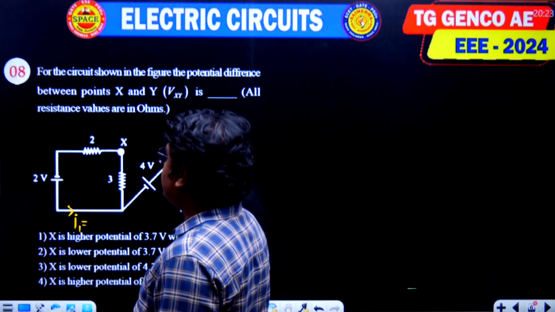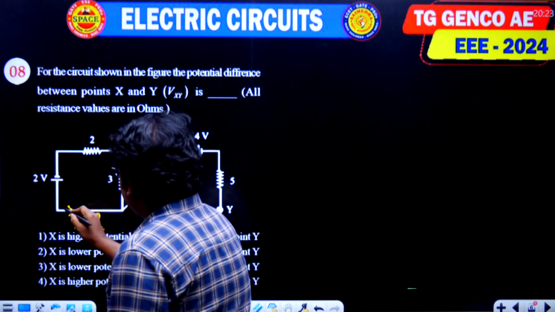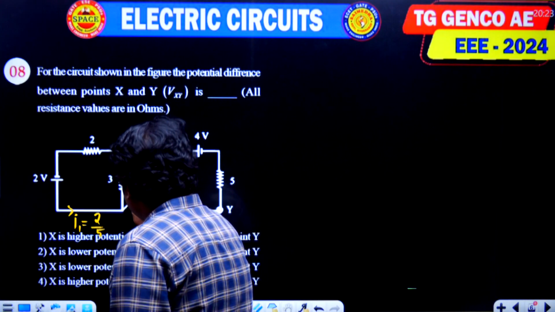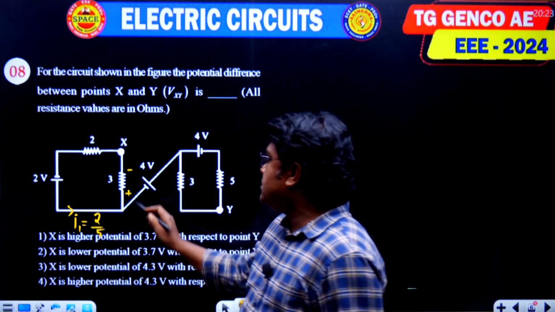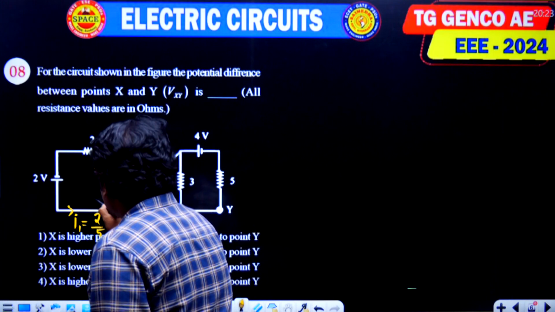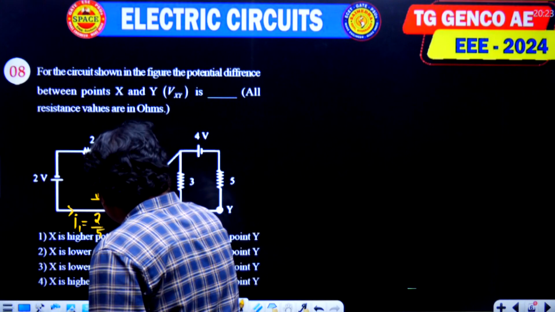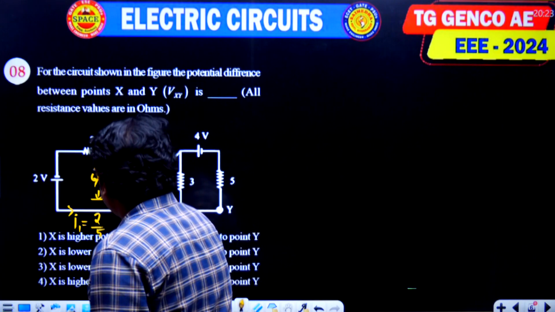Voltage divided by equivalent resistance, so that is 2 by 5. Current enters at the positive terminal and leaves at the negative terminal in a passive element. And what is the voltage across this branch? 2 by 5 times 3, so this is equal to 6 by 5 volts.